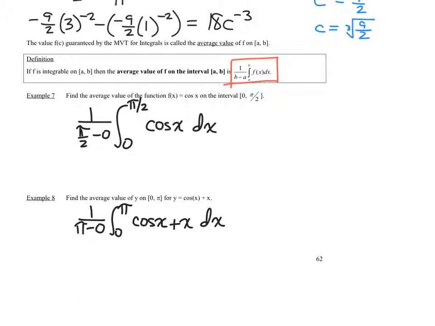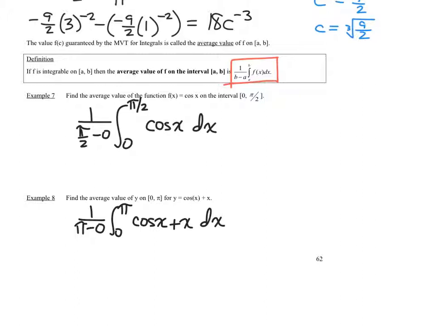All right, so let's see what the calculator does for us here. So that's clean.